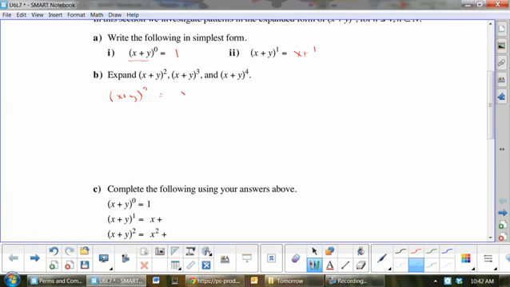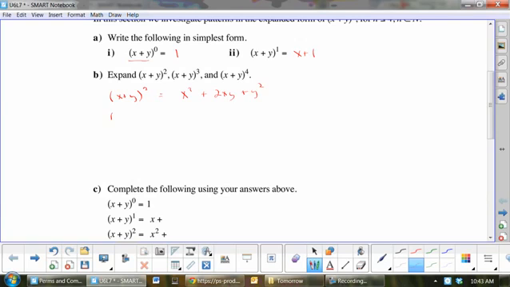Okay, that's (x + y) times (x + y), right? So x^2 + 2xy + y^2. Okay? Has anybody seen any generalizations yet?